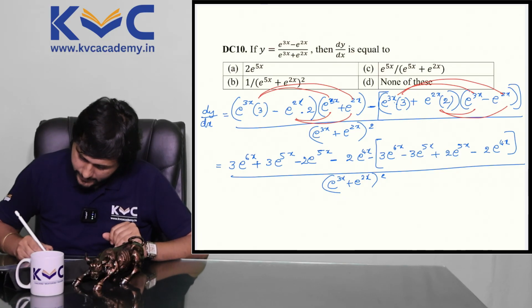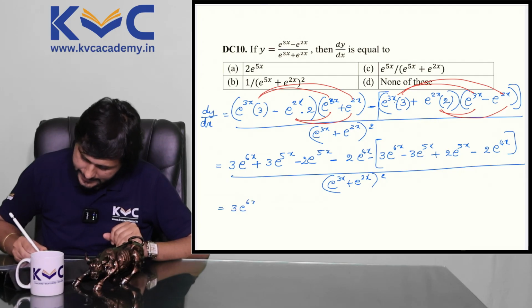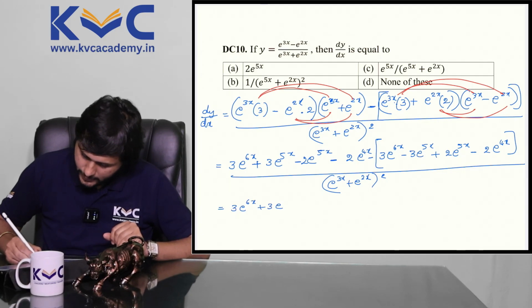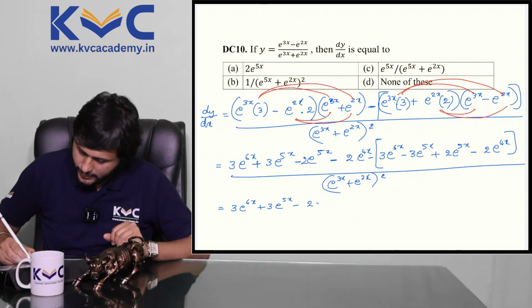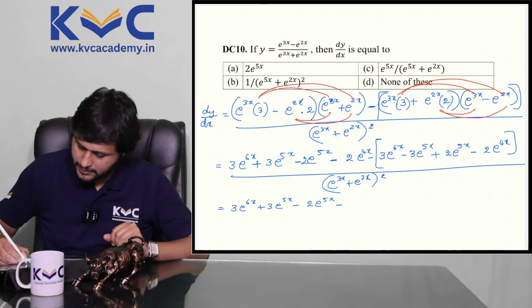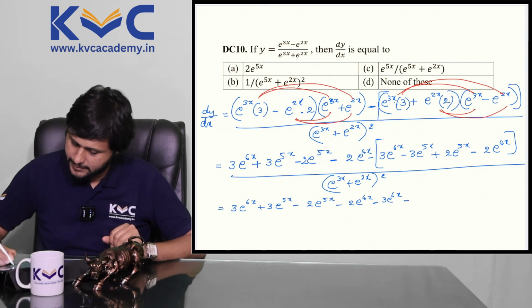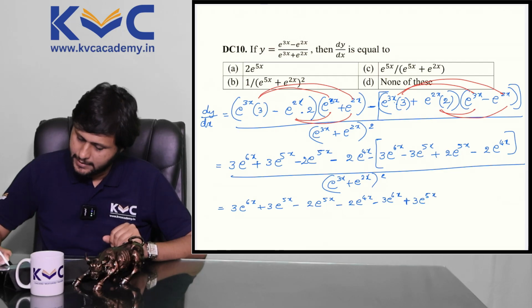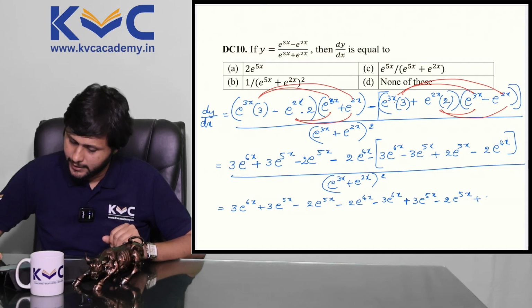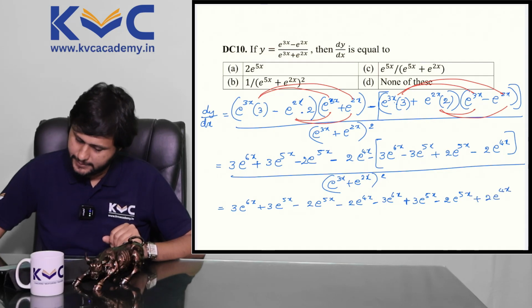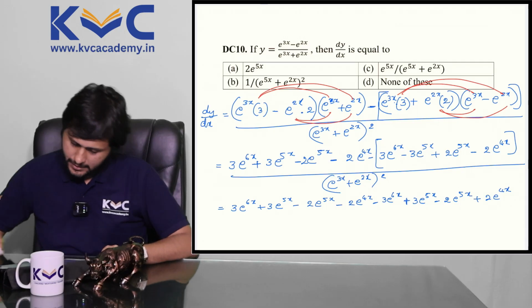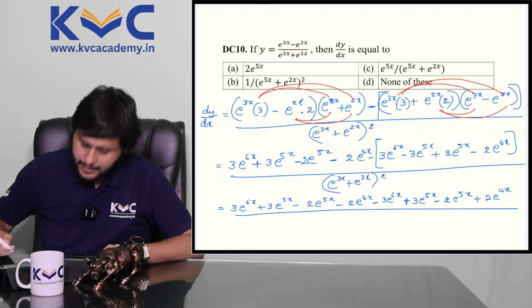We have 3 into e to the power 6x plus 3 into e to the power 5x minus 2 into e to the power 5x minus 2 into e to the power 4x minus 3 into e to the power 6x, minus into minus becomes plus 3 e to the power 5x minus 2 e to the power 5x. See, the minus sign is getting multiplied, 2 e to the power 4x. All divided by that is still continuing.